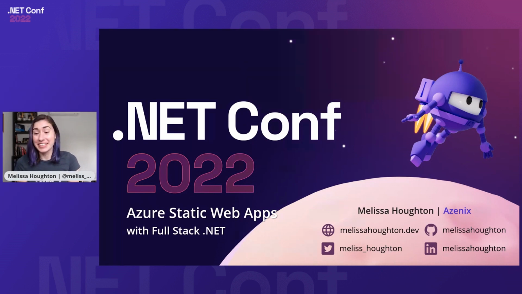Cool. Yeah, so definitely very excited to be talking to everyone globally at .NET Conf and talking about Azure Static Web Apps with full stack .NET. And I am coming to you live from Australia, so it's morning time for me, and I hope everyone's been enjoying the last few days of the conference.